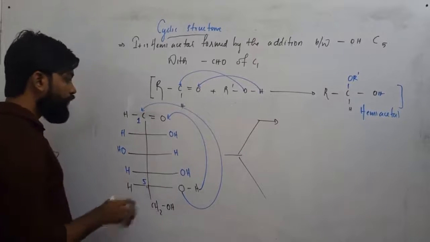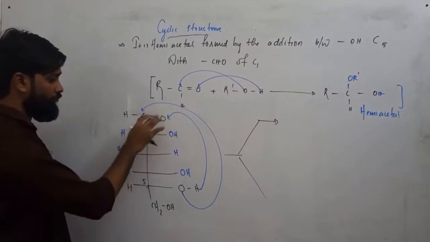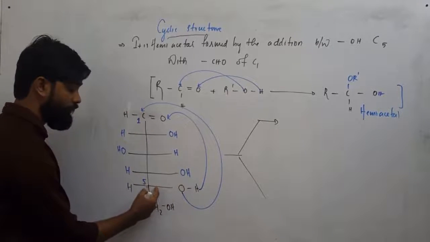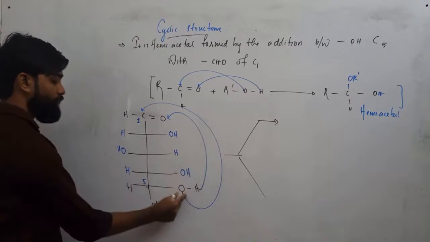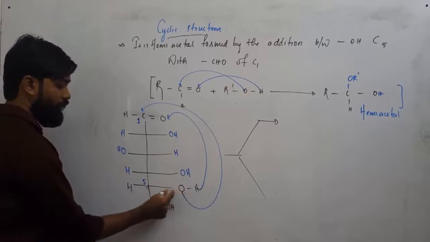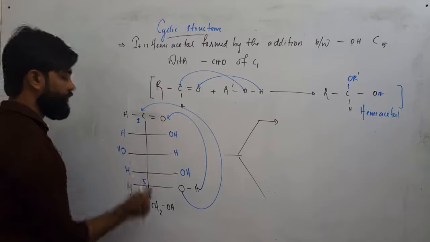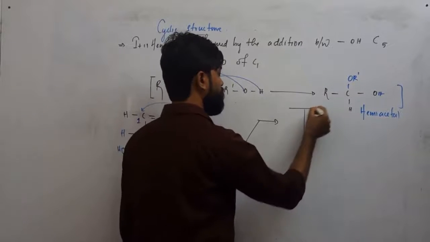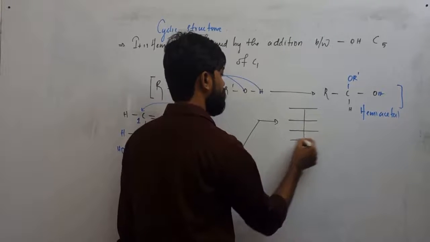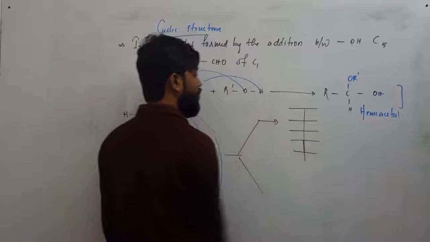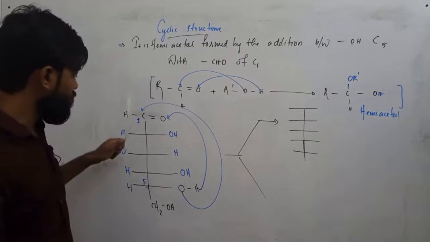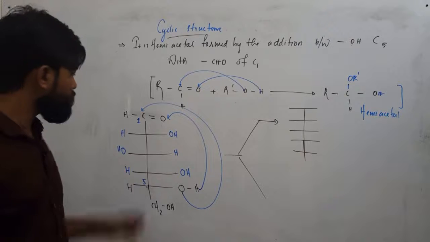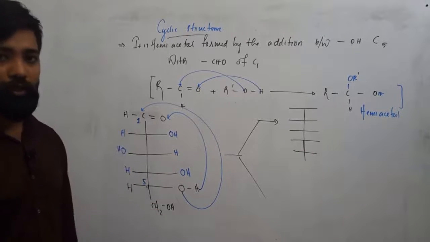Because all four valencies will be different. And there is a cyclic formation, a bond between the oxygen of the fifth carbon and the first carbon. Let me draw this structure carefully. Initially there were 4 chiral carbons, but now there are 5 chiral carbons because the first carbon is also a chiral one.